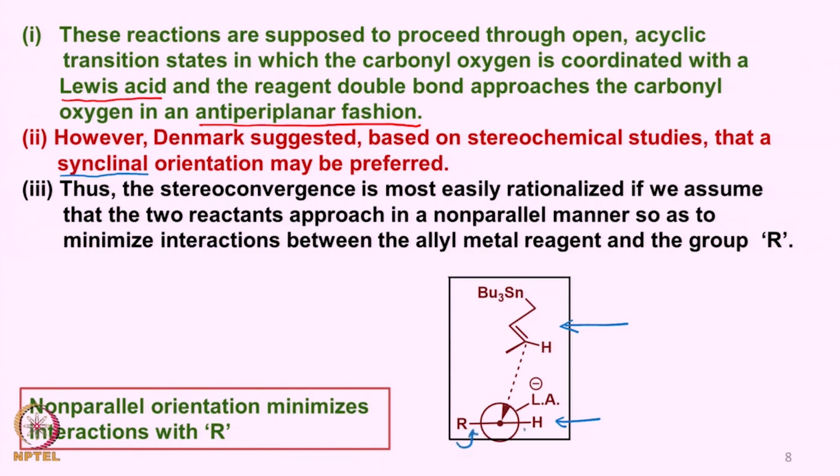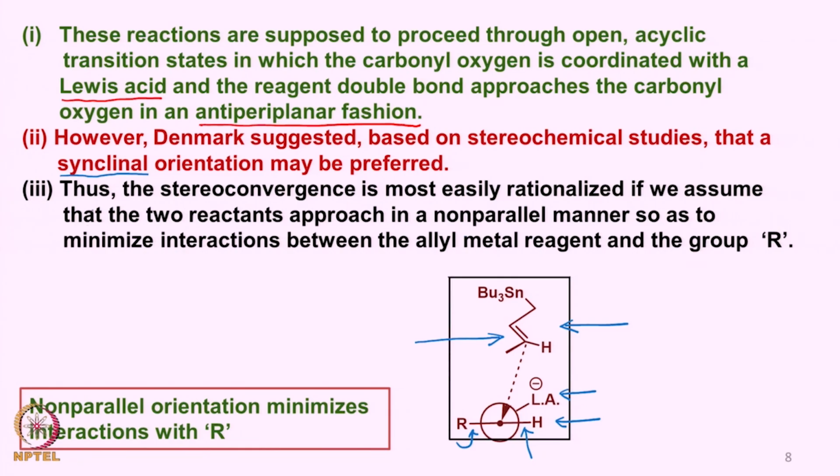This is the carbon R bond, this is the carbon H bond of the aldehyde, and the carbon oxygen double bond is going backside, to which the Lewis acid has interacted, and therefore instead of the anti-periplanar fashion, this is how the allyl tin reagent proceeds in the synclinal fashion.